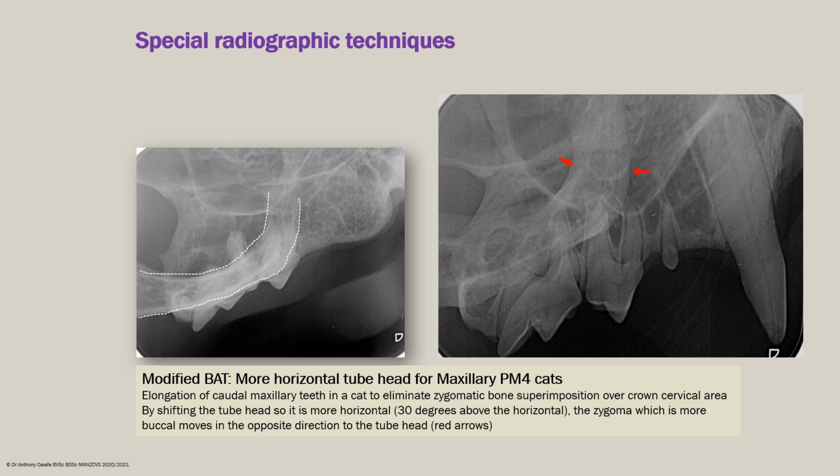So the zygoma, being more buccal, will move dorsally or away in the opposite direction to the tube shift. So now we can see on the radiograph on the right-hand side, the zygoma, which is the red arrows, is now moved in a dorsal direction, and we can actually visualize the cervical area of the premolar 4.